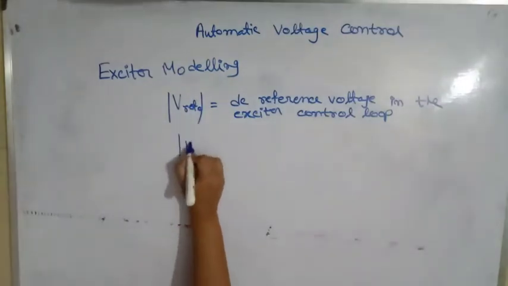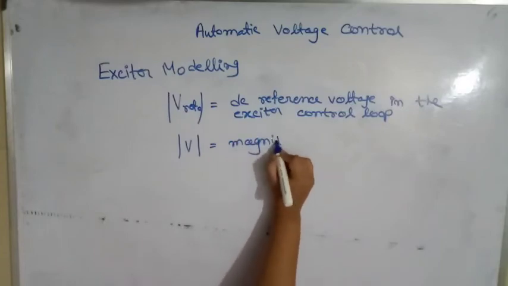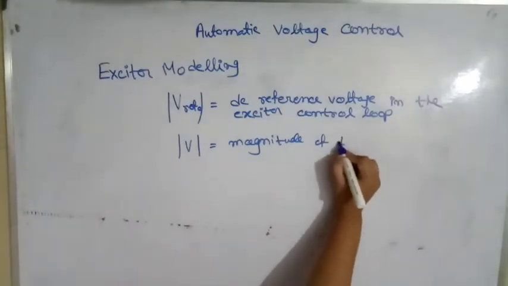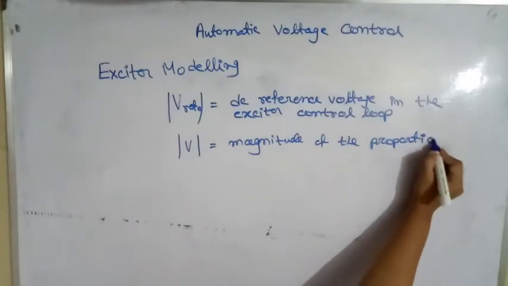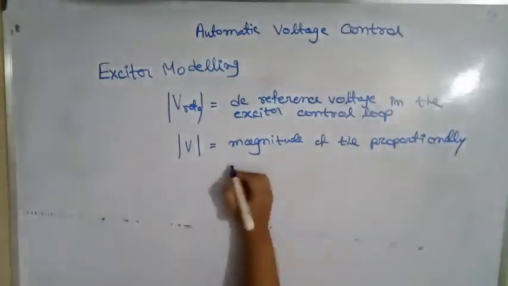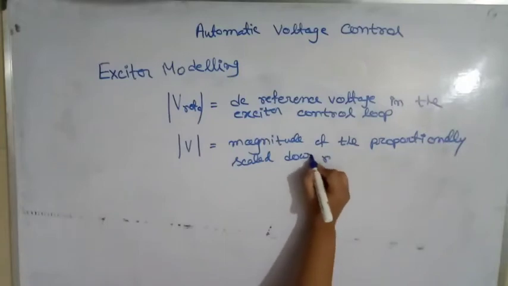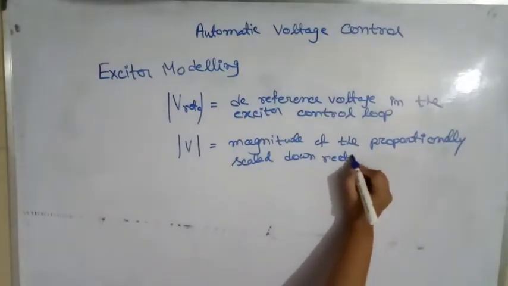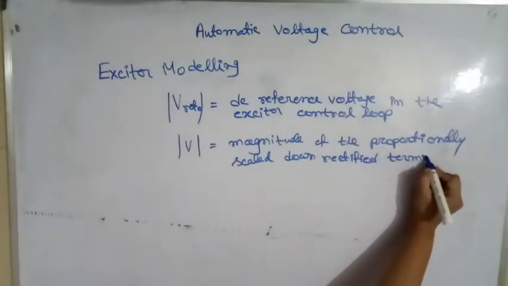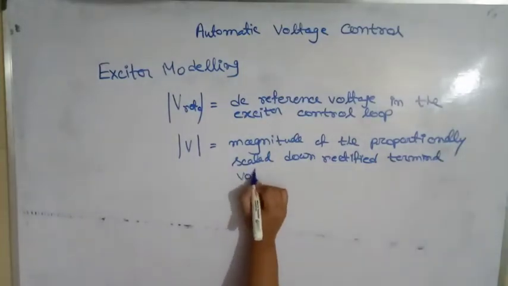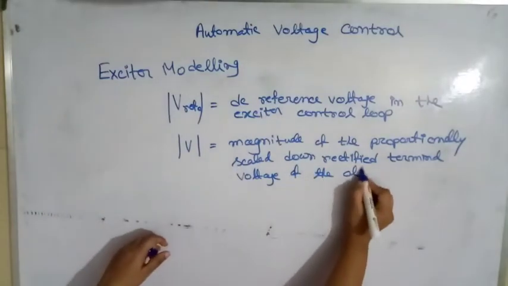Next, V is the magnitude of the proportionally scaled down, rectified terminal voltage of the alternator.